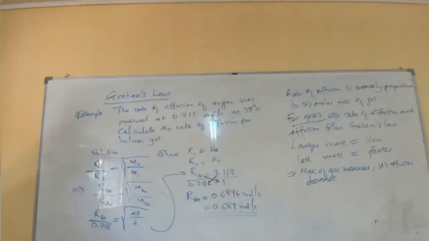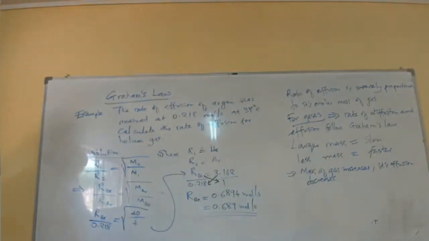Now, when you look at the calculation that we've done, you can actually see that the rate of helium is much higher, since helium is lighter than argon, it has a higher rate of effusion.